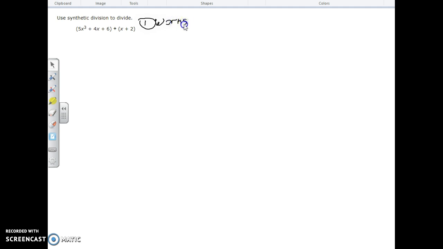But this only works with a linear divisor. If I were asked to divide by, let's say, x squared plus 2, then I have to use long division. I could not do that with synthetic division.